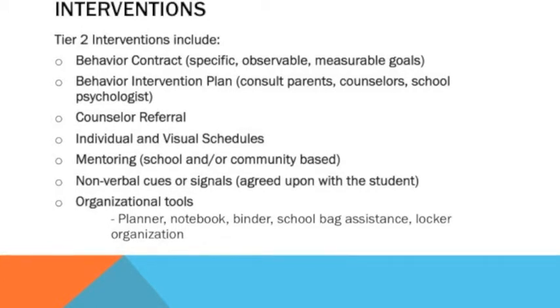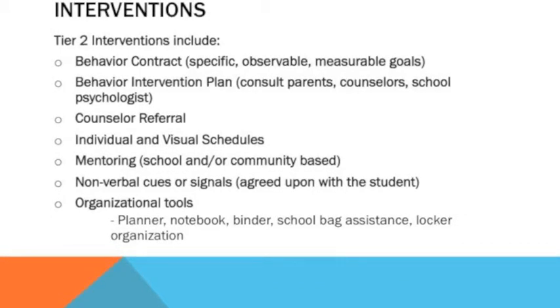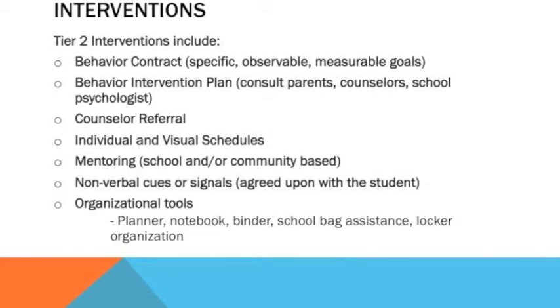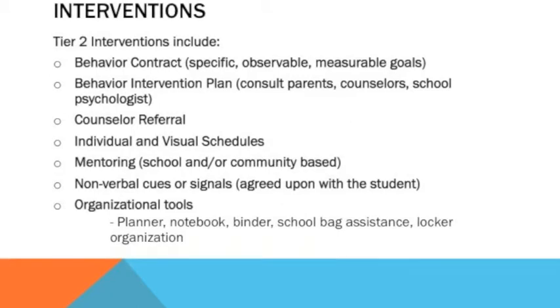A tip here would be to include specific, measurable, observable goals. For example, the student will complete 4 out of every 5 classroom assignments each week. So you've set up how often will they do it, what is the expectation, and what's the time period in which you're managing or measuring that goal.